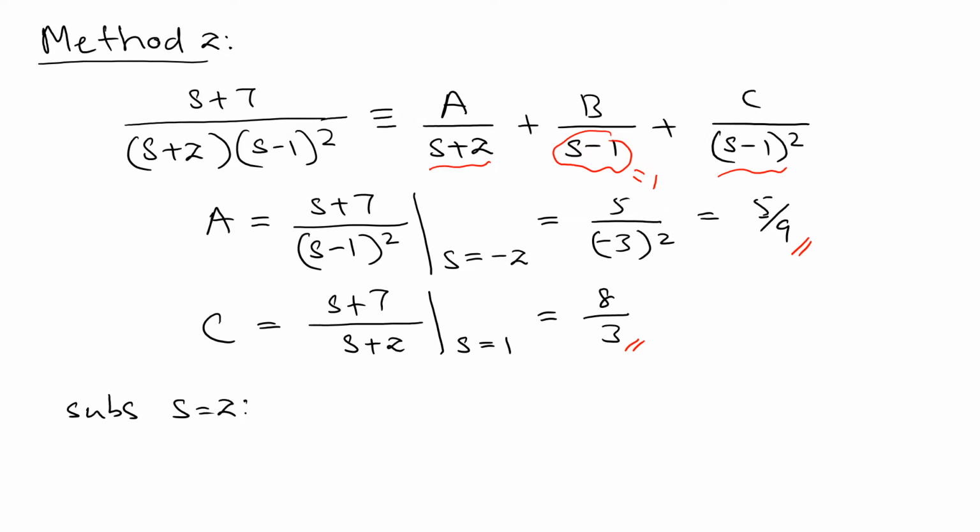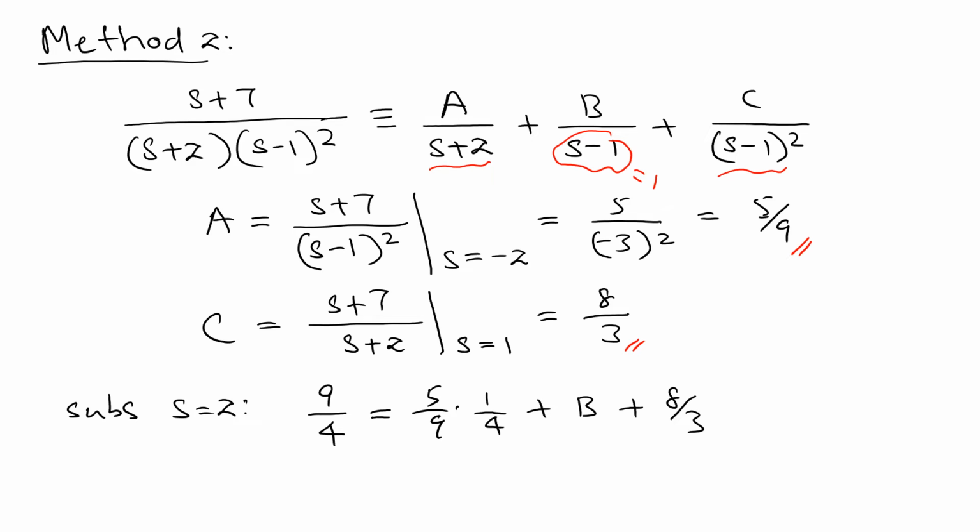On the left side, you get 9 divided by 4, and on the other side we already know the value of A, so let's plug that in. It is 5/9, and when you plug in S equal 2 for C, you get 1/4, and then B, that's what we are looking for, and then 8/3.